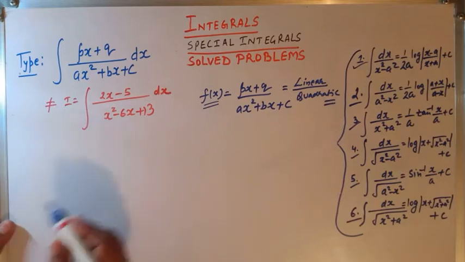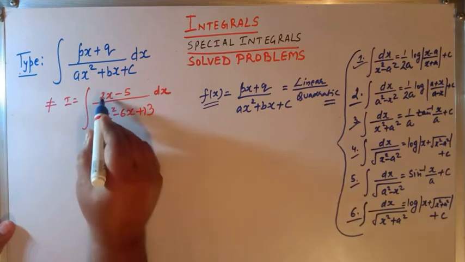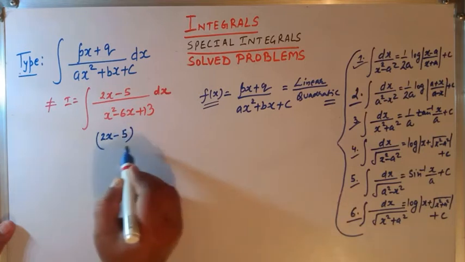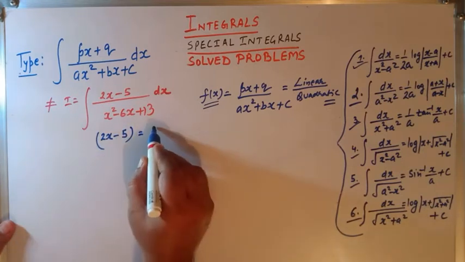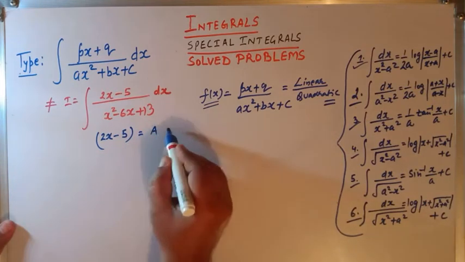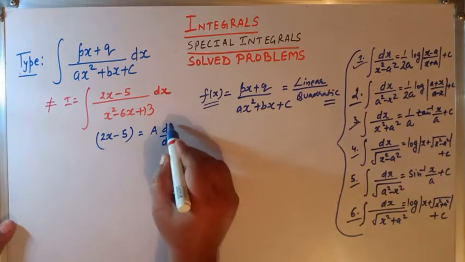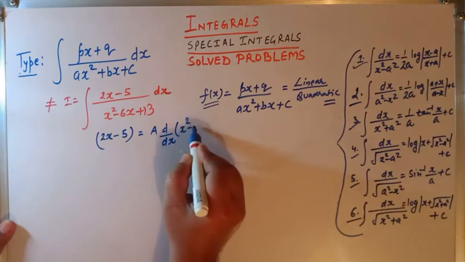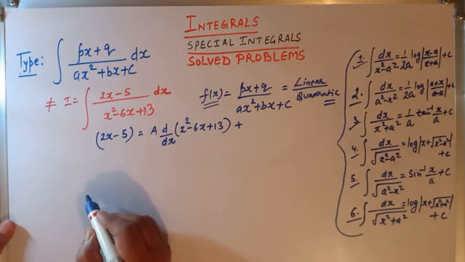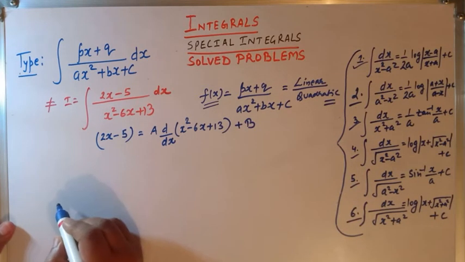Clear? So here what we will do, we will express this linear factor 2x minus 5 as a product of some constant multiplied by the derivative of the denominator, and we add a constant b. Clear?